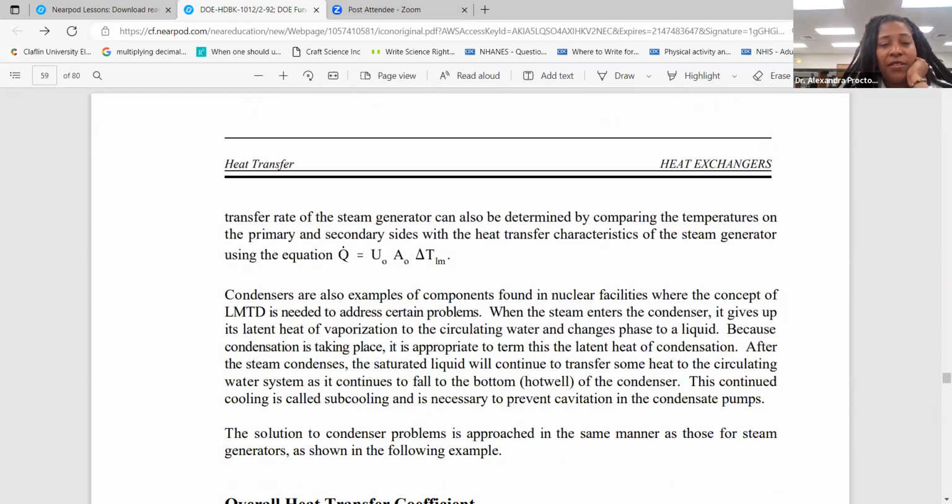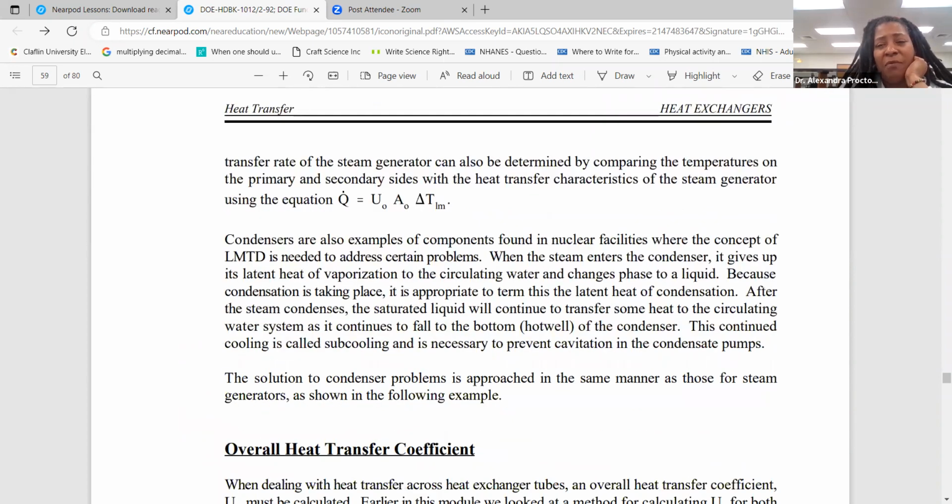So the heat transfer rate of a steam generator can also be determined by comparing the temperatures on the primary and secondary side of heat transfer characteristics of the steam generator using Q equals U sub 0, A sub 0, delta T sub LM.